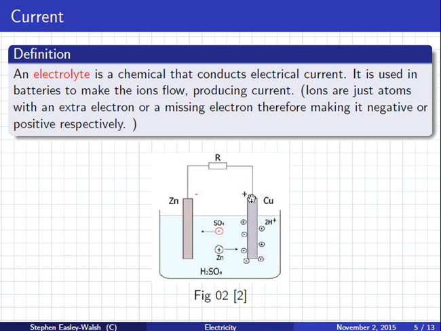So you normally see electrolytes in batteries. In an electrolyte, it is the ions that move to make the current instead of an electron. So you could have a positively charged atom moving. This is a current as well. Okay, you got that?